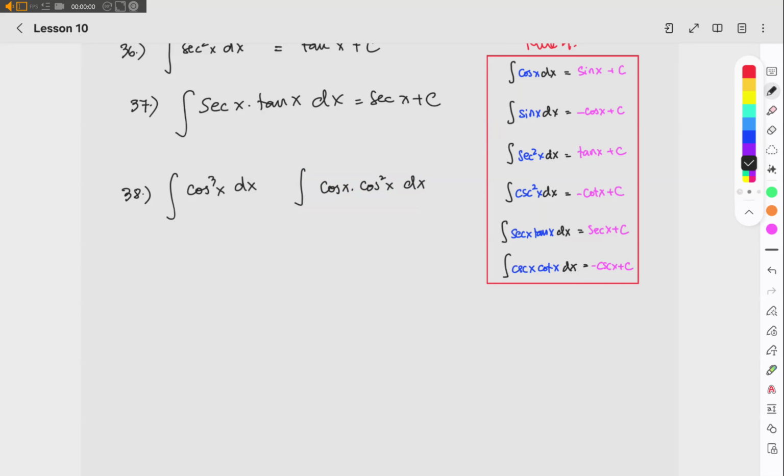Because there are two cosines at least, but the expression is the same. It's the same expression.